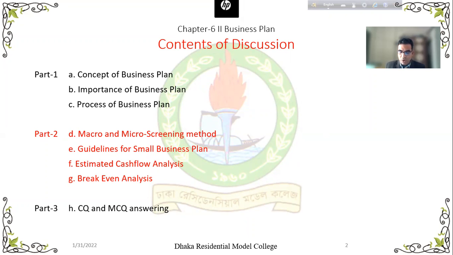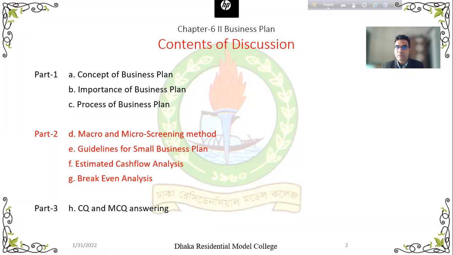Before submission of the business project report, you have to select a project, and to select a project, you have to evaluate. How will you evaluate the projects? There are two processes to evaluate the project.